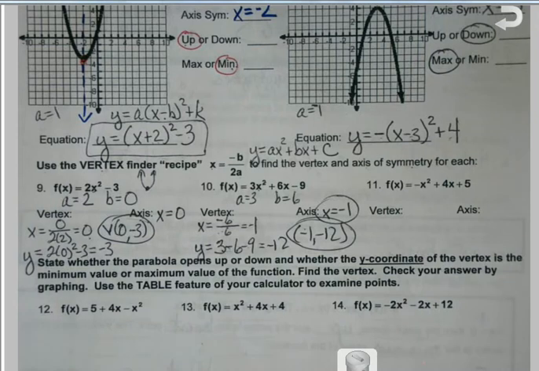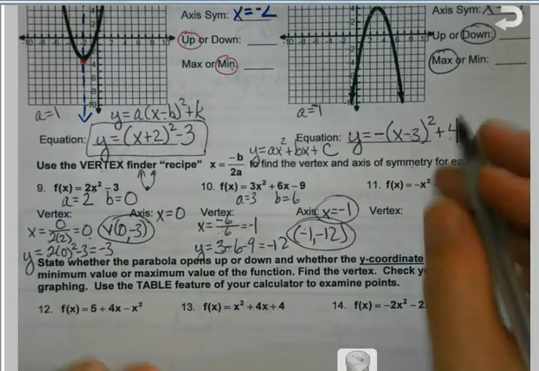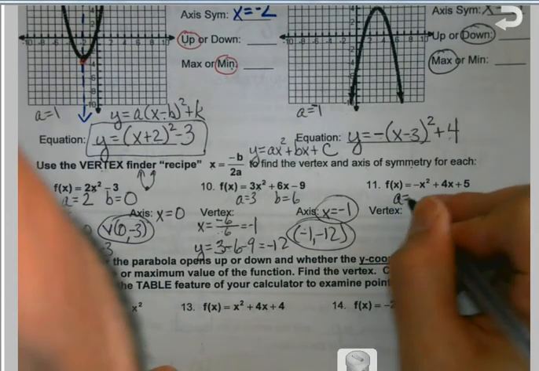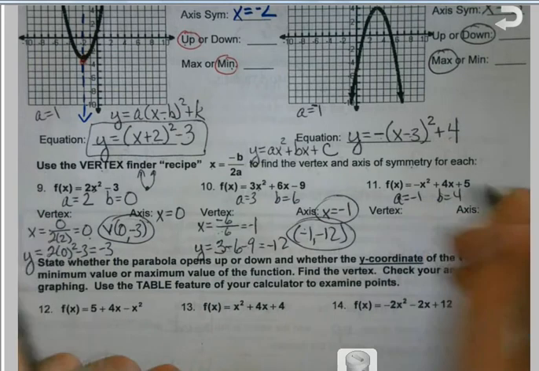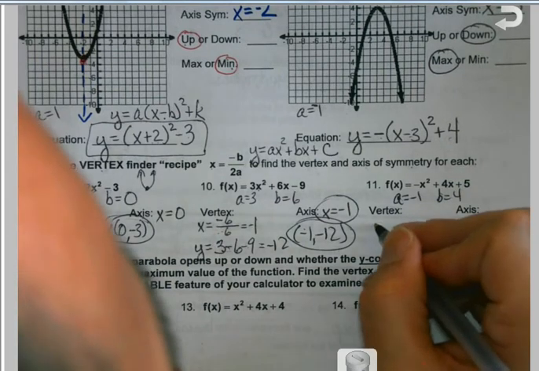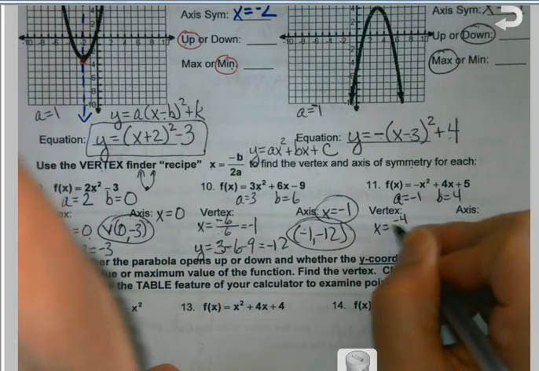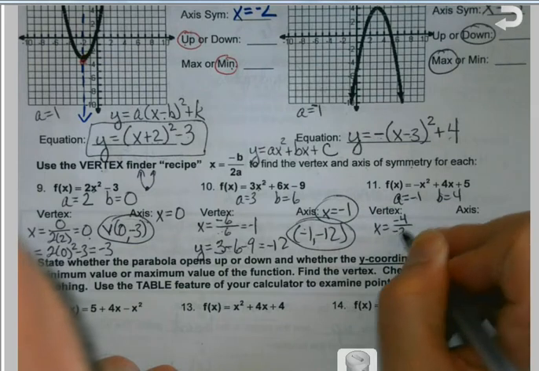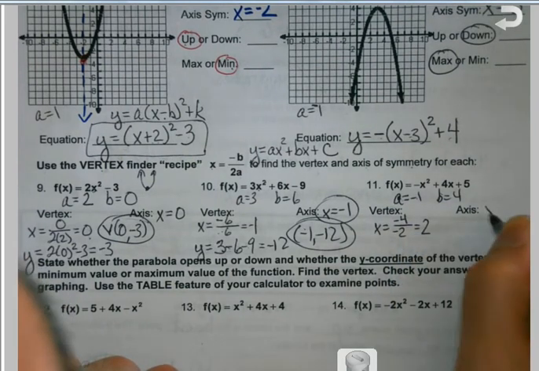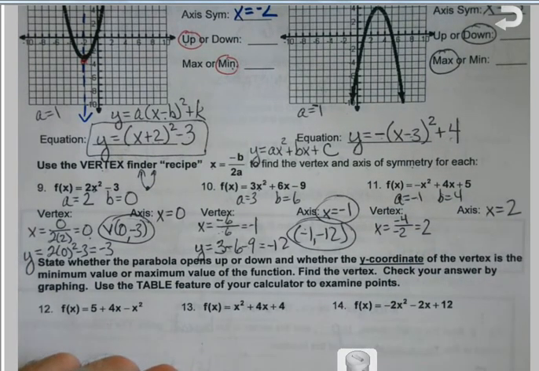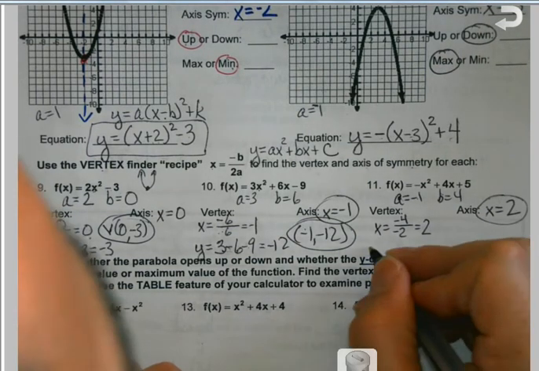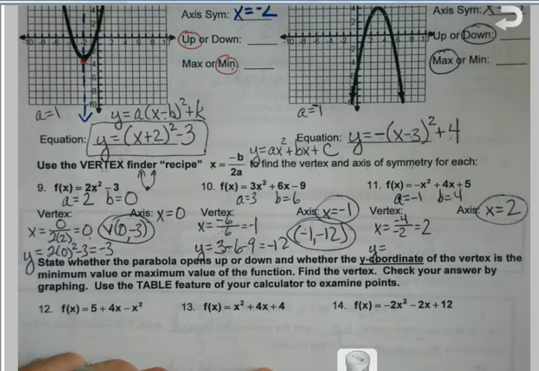All right, last one, I'm gonna go mathematically here. -1 for A and B is 4. All right. -b over 2 times -1 is -2. So negative divided by negative is a +2 for my x, which tells me my axis. Then my y, be careful, even if you're doing it manually.